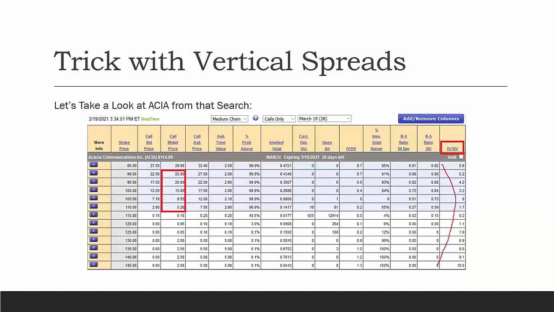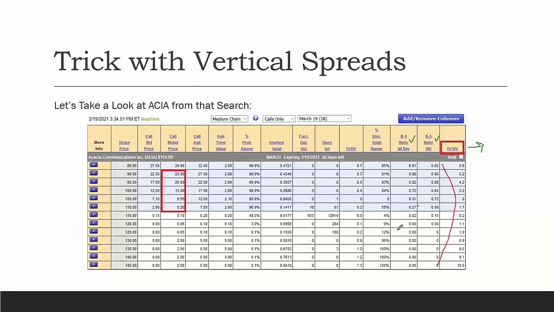But in any case, vertical spreads become extraordinarily tricky when you look for undervalued options. Why? Notice the IV over SIV here, and you can even see it with the Black-Scholes ratio, 50-day, and the SIV.